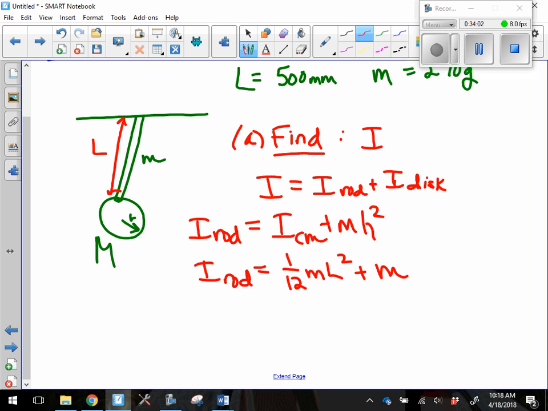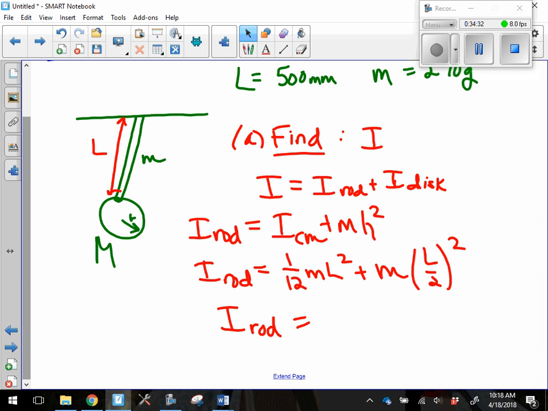And then what's h? L over 2, because what's h supposed to be, Casey? The distance between the axis of rotation and the center of mass. Okay. So you guys figure that out, and then you figure it out for the disk, okay? I'll be back in a minute.